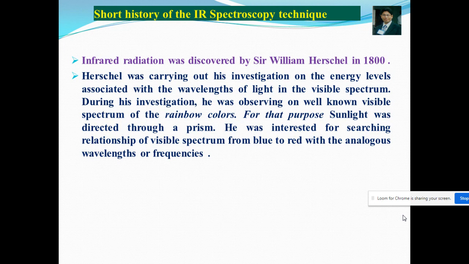Herschel was carrying out his investigation on energy levels associated with the wavelengths of light in the visible spectrum. He was observing the well-known visible spectrum of rainbow colors. For that purpose, sunlight was directed through a prism. He was interested in searching for a relationship of the visible spectrum from blue to red with the analogous wavelengths or frequencies.